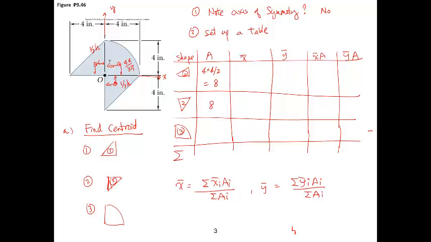Remember, the distance is 1/3 the height. The height is 4 inches, so minus 4/3. The y is positive, again 1/3 of the 4 inches height, so positive 4/3. And x bar times A is then minus 32 over 3. Sorry, not 8, 3.